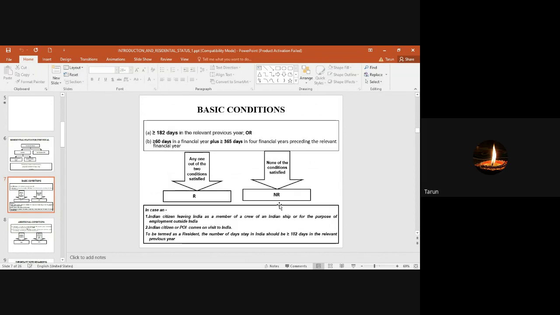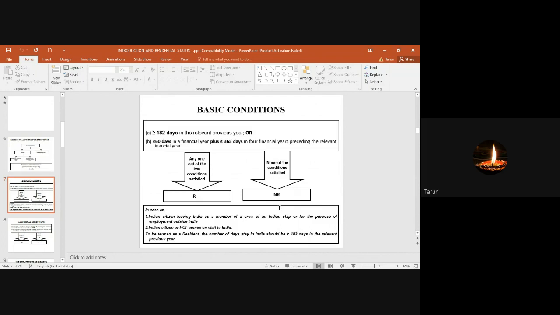These are the two basic conditions. If a particular individual spends more than 182 days in the relevant previous year, that means he becomes a resident of India. If a particular individual has fulfilled this condition that he has stayed 182 days in the previous year, it means he is a resident of India.